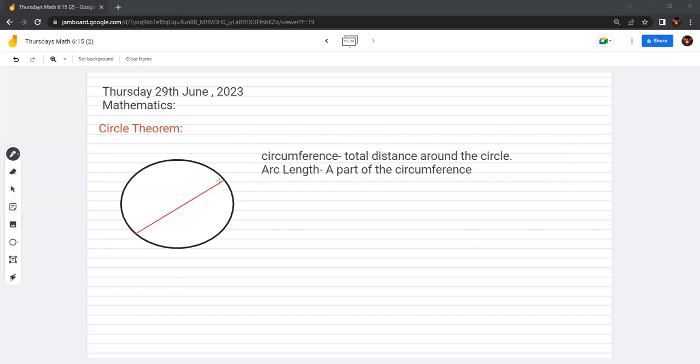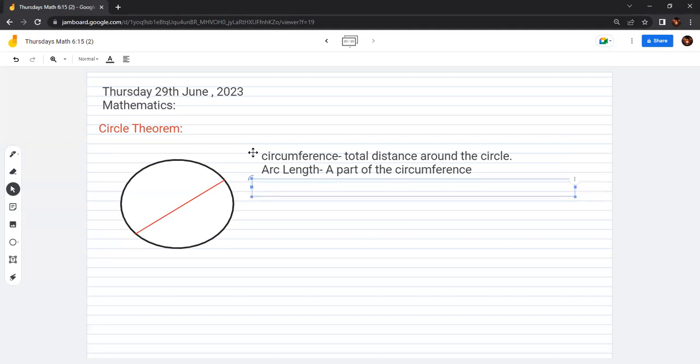So this here is your diameter. We're taking note of some important parts, because when it comes to circle theorem, all of these terms apply.